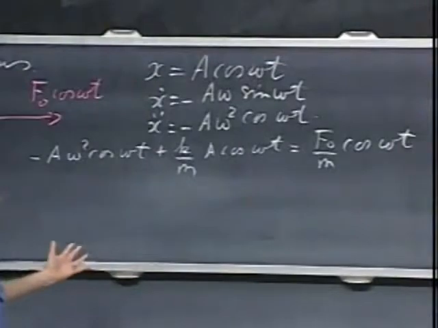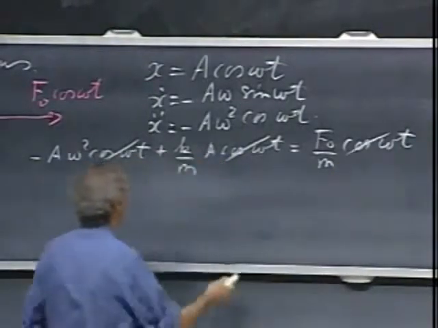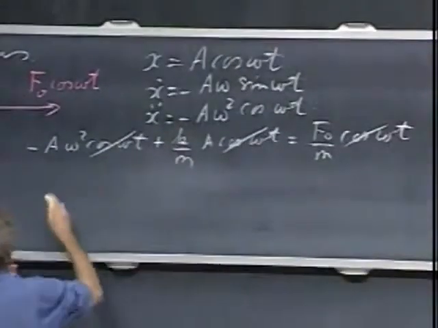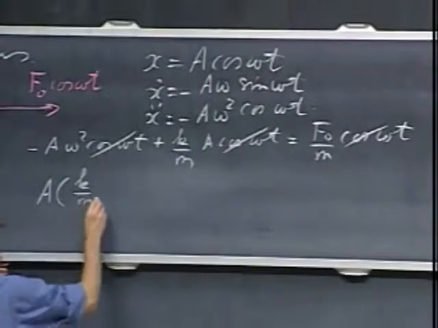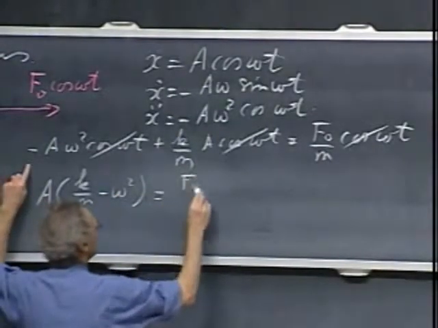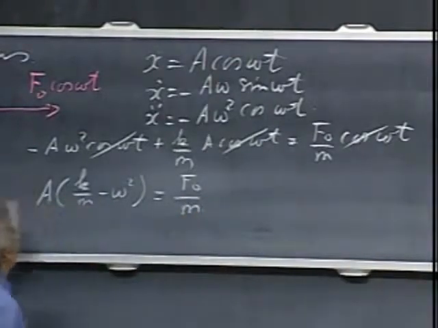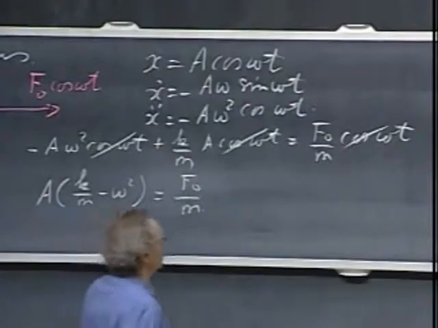And that must always hold. So therefore, I can divide out my cosine omega t. I can bring the A's together. So I get A times k over m minus omega squared equals F0 divided by m. Now this k over m is something that we are familiar with.